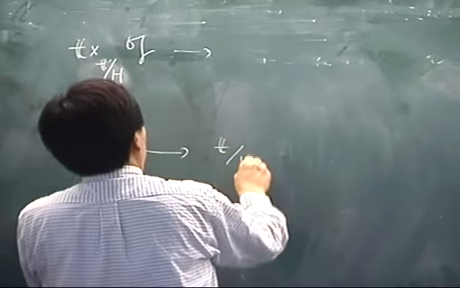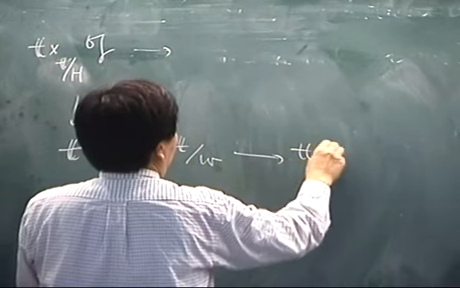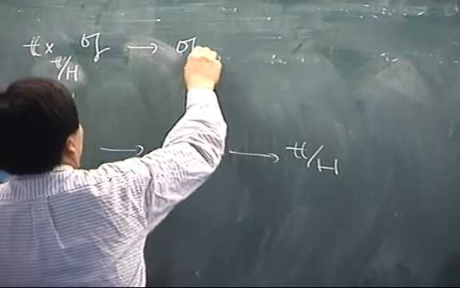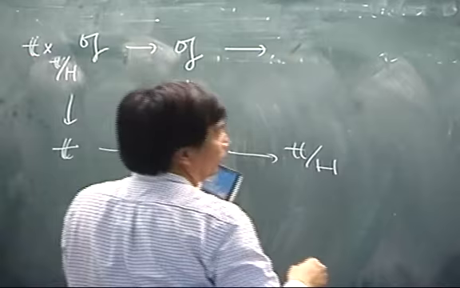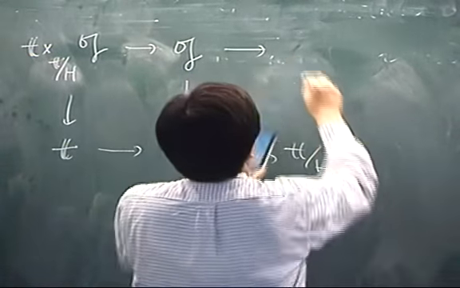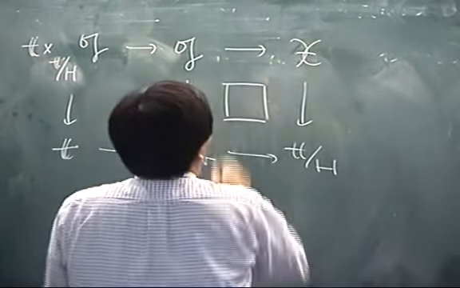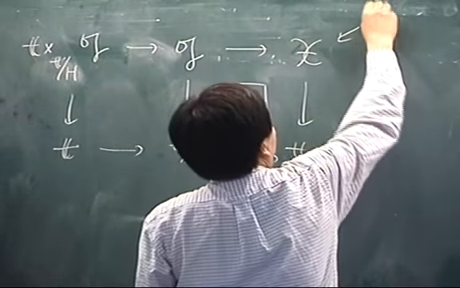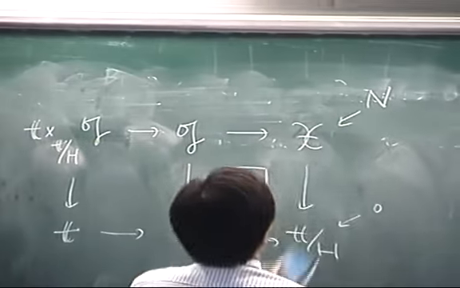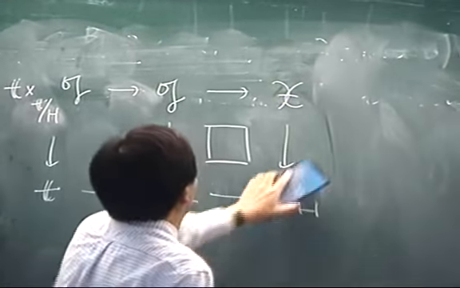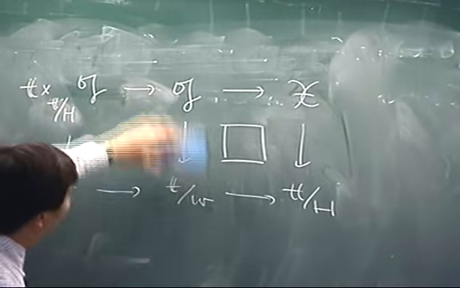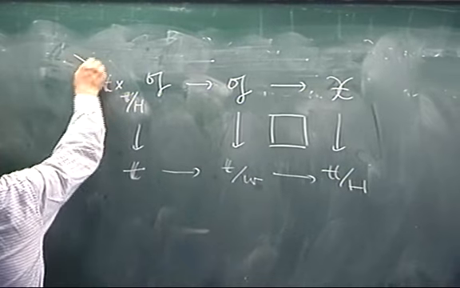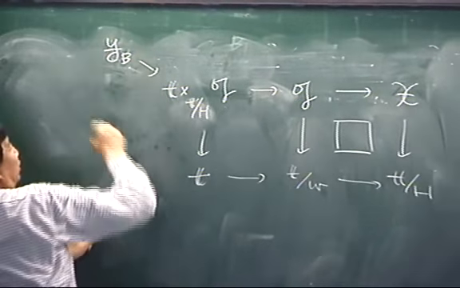So you have here, like this, J and X. This is a fiber product, and the central fiber is just N. Okay. So these are all Poisson deformations of N, and Y_B is a Crepant resolution.